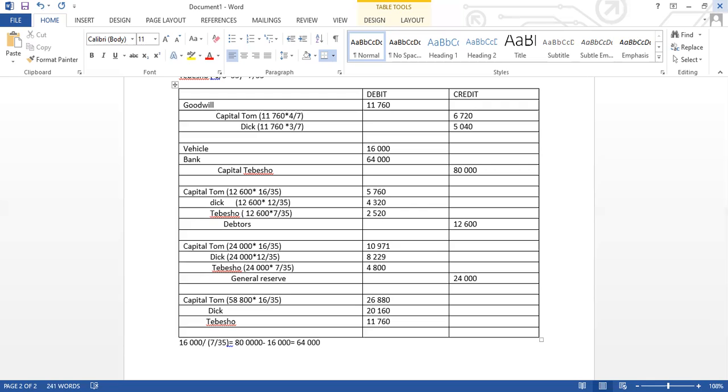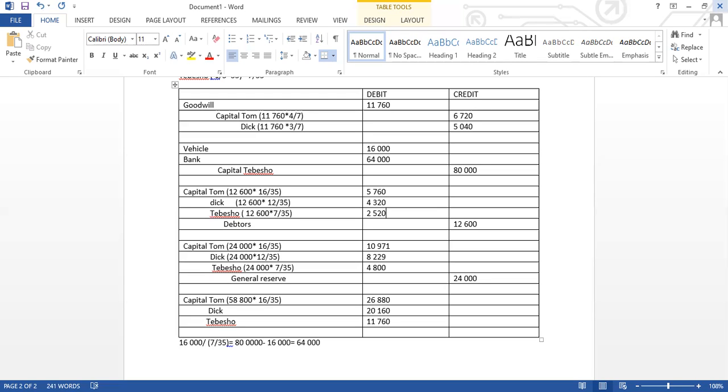Do we all understand, or can I repeat why we are using the new profit sharing ratio? Repeat, Miss. Okay, so I was saying that the question says the debtors were valued after the admission.